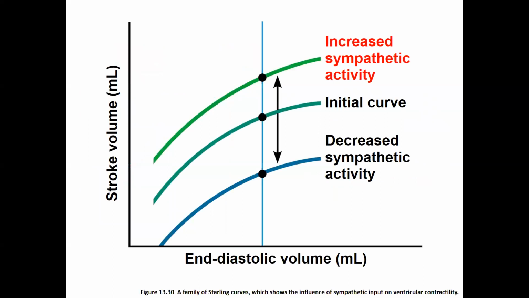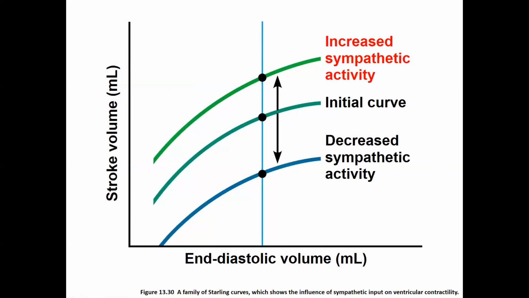Right? Similarly, if we look at the influence of the sympathetic input on ventricular contractility, we would see that even if you kept the volume the same, even if you did not change the amount of volume that you're filling into the chamber, just by increasing the sympathetic input on this cardiac muscle, we will increase the stroke volume.